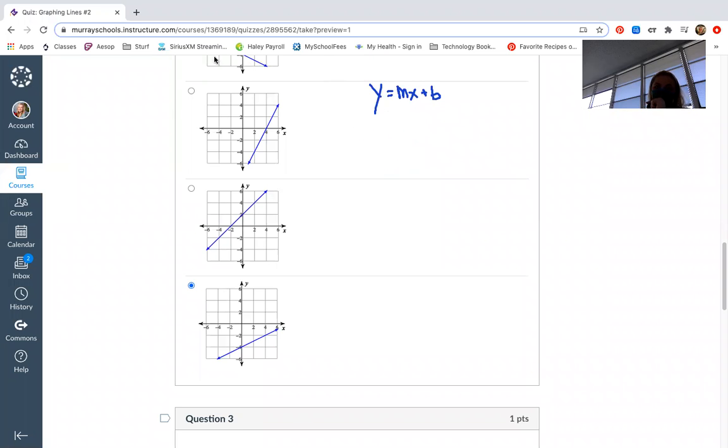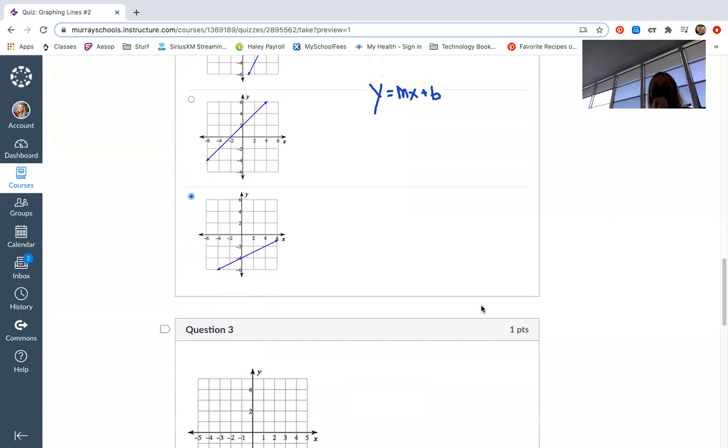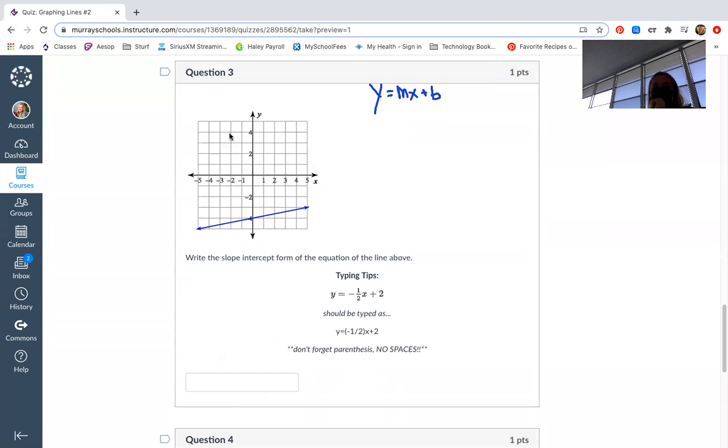Okay, let's look at the next one. The next one's a little bit backwards. You are given the graph and your job is to write the equation. So my job here, I need to find what m is and what b is in the graph that I'm given. Now remember, b is always your y-intercept. So here's my y-axis, and this one's crossing right here at -4.